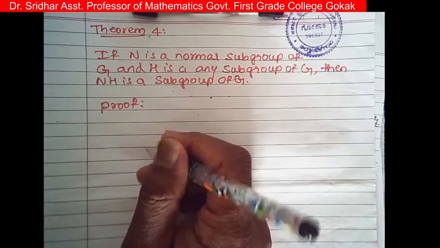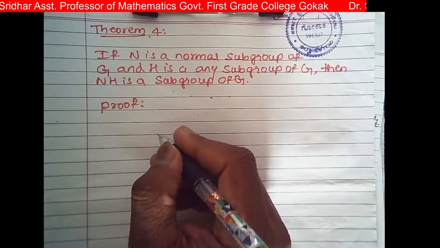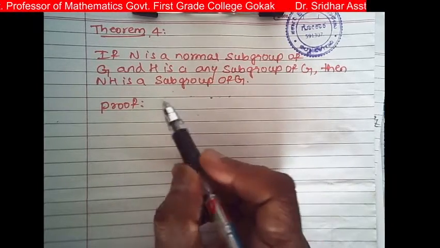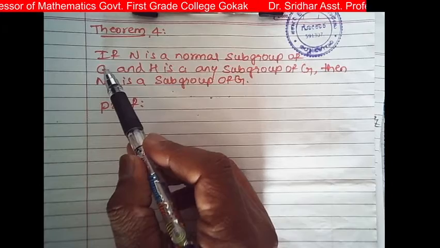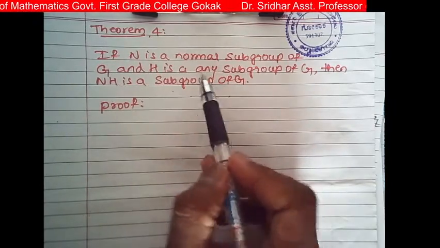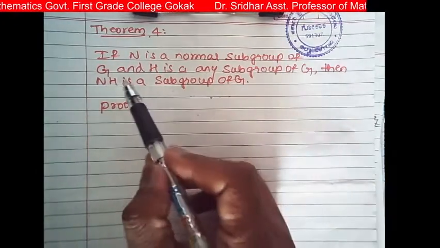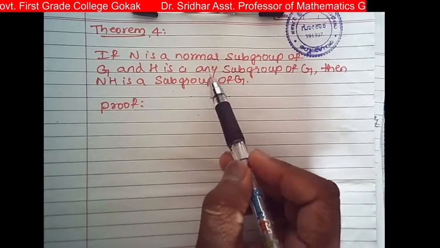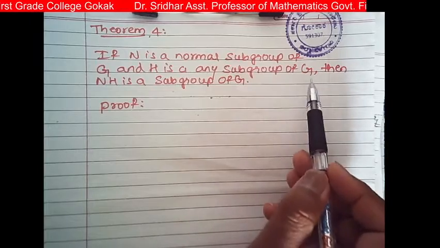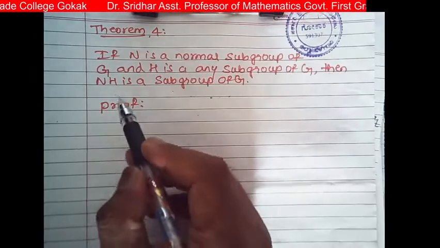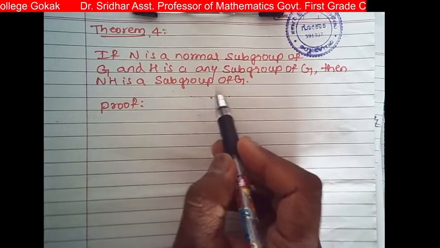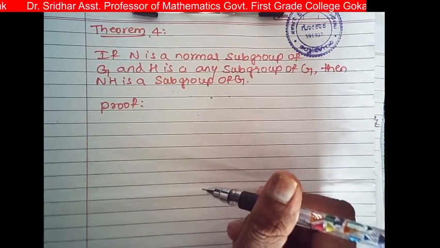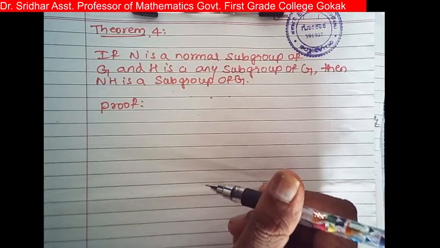In this class we prove another theorem on normal subgroups. It states that if N is a normal subgroup of a group G and H is any other subgroup of G, then NH is a subgroup of G. This is the statement of the theorem.